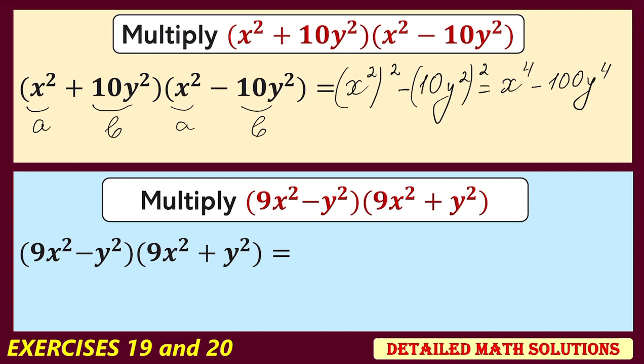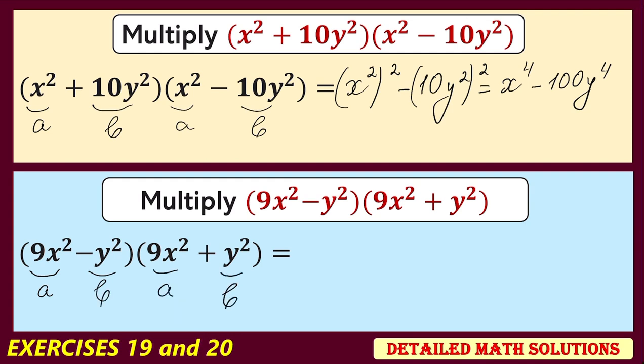Next exercise. Multiply 9x squared minus y squared in parentheses and 9x squared plus y squared in parentheses. When I apply the formula, I have 9x squared corresponding to the a in the formula and y squared corresponding to the b in the formula.